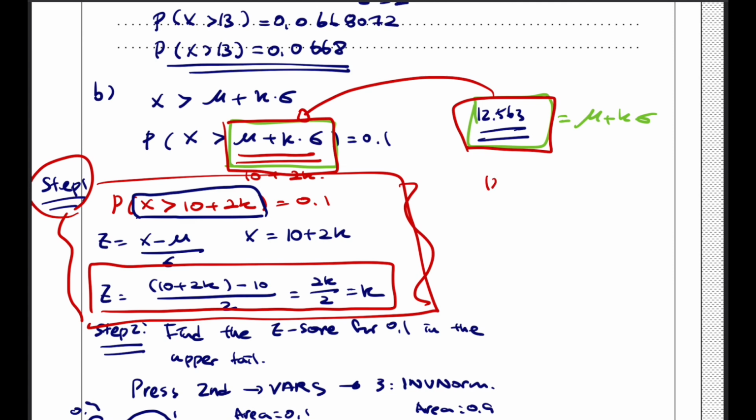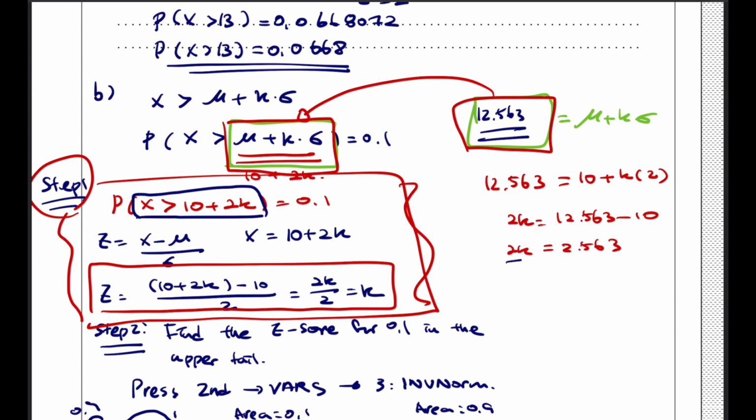So 12.563 is equal to the mean, which is 10, plus k times 2. So we can do 2k equals 12.563 minus 10, which is 2.563, right?